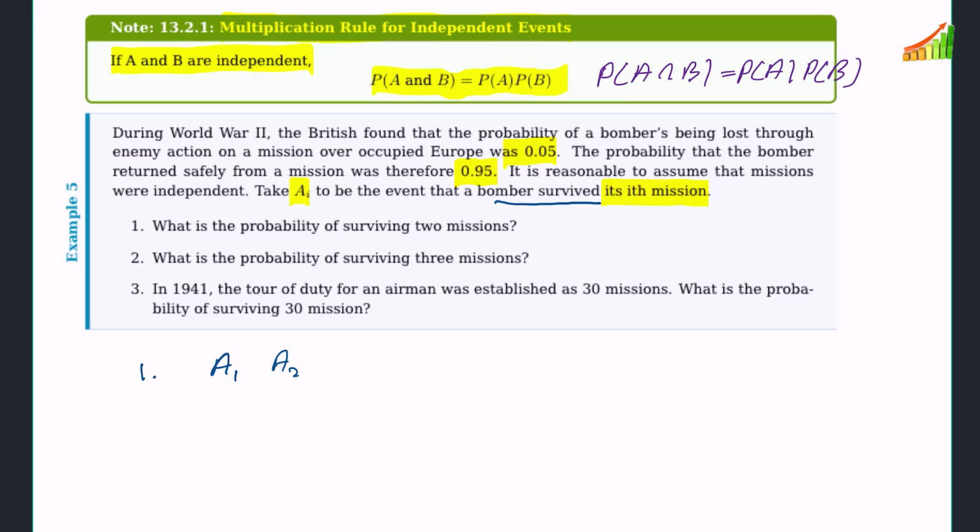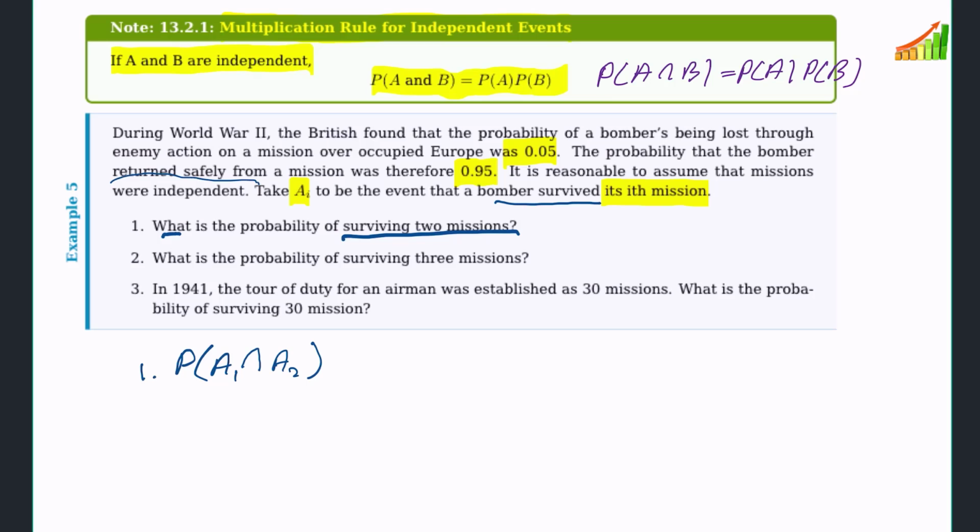Then, according to number 1 here, what is the probability of surviving two missions? That means he survived the first mission and also the second mission. Probability of A1 and A2. And you see the key factor here. What is that?